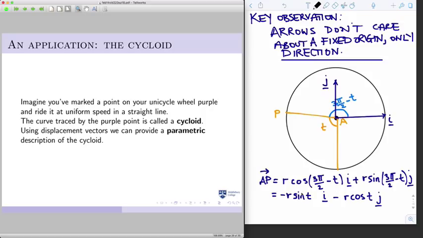Some basic double angle formulas from trigonometry tell us that we can collapse and simplify these cosine and sine terms until we end up with the displacement vector AP being in fact minus r sine t times i, the fundamental direction vector, minus r cosine t times j.